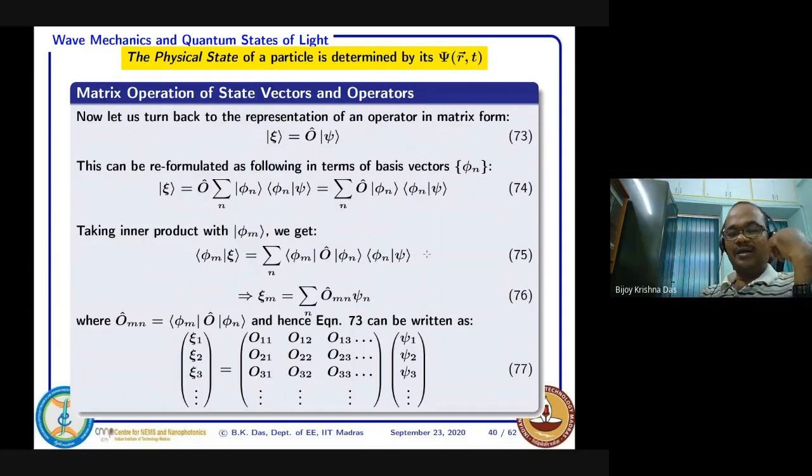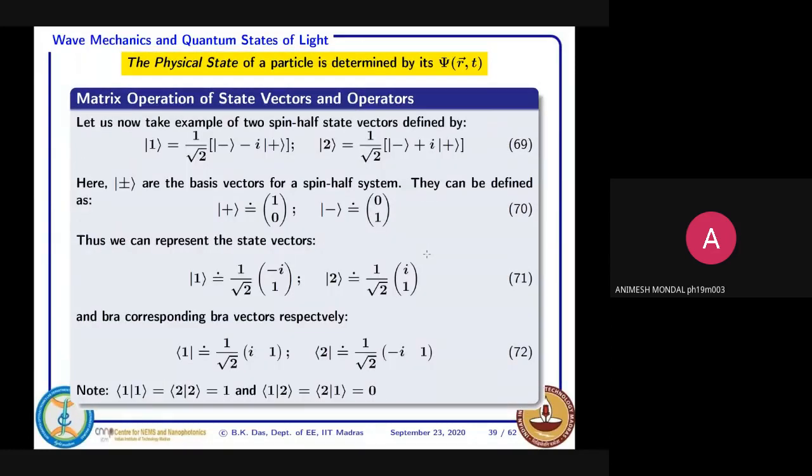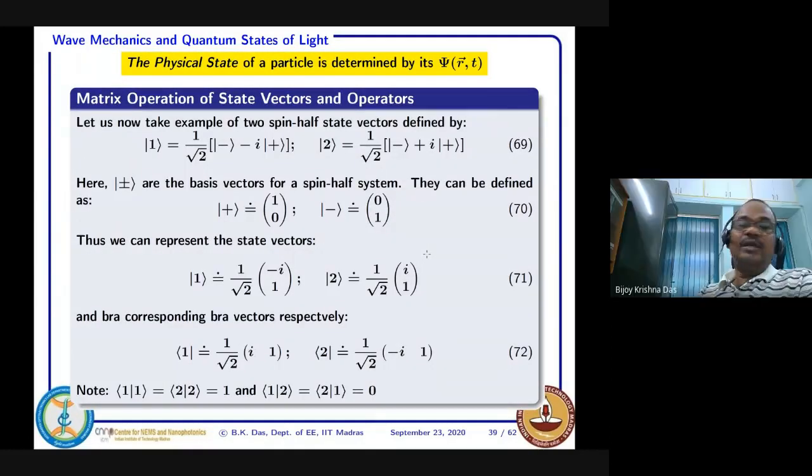Next thing is the operator. Yes, go ahead. Sir, did we include i because we want to satisfy the normality condition? In this case, yes. In this case you can have different types of expressions also; we'll come to that in due course. Here, I am expressing in terms of the basis vectors, plus and minus.